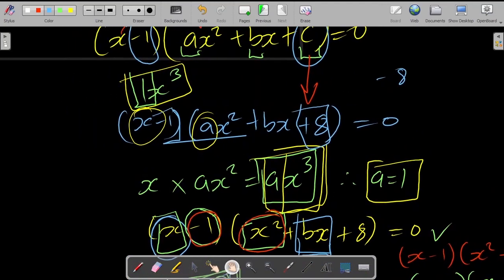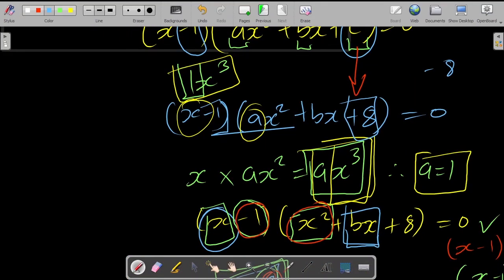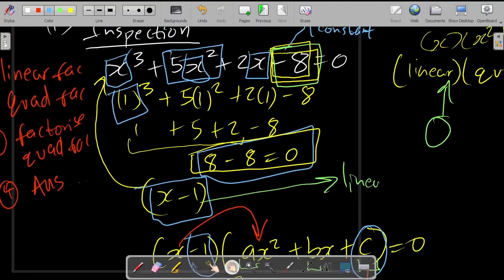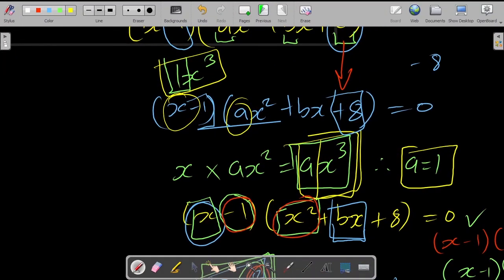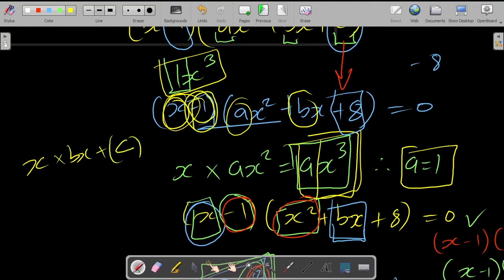And now secondly, you should look at your coefficient of x squared and see what would actually contribute to that coefficient, and that would be x multiplied by bx, plus c, which would be the constant in the linear factor, multiplied by this x squared over here.